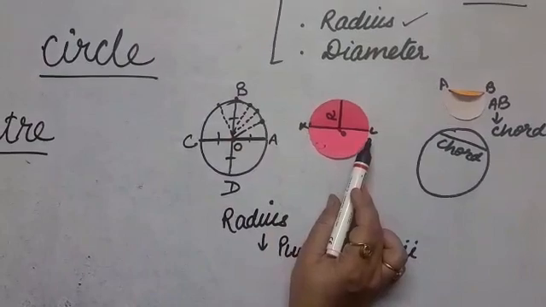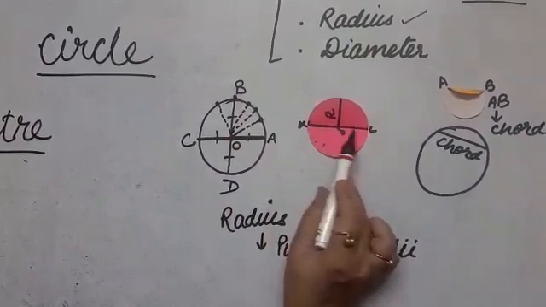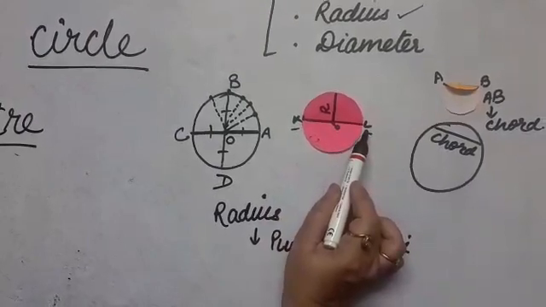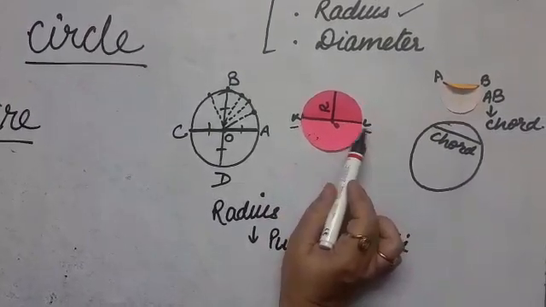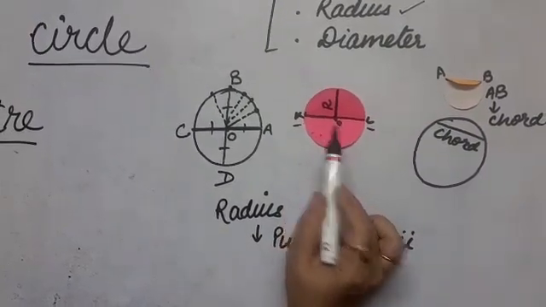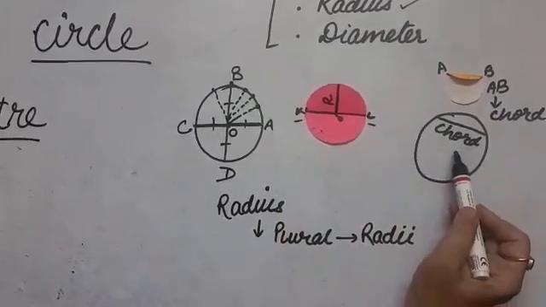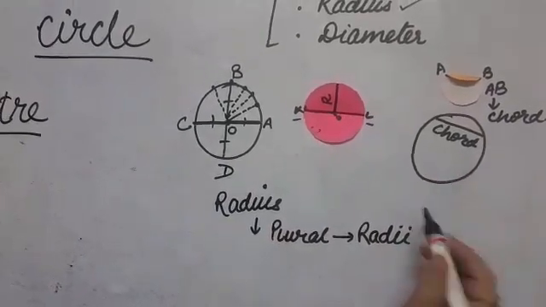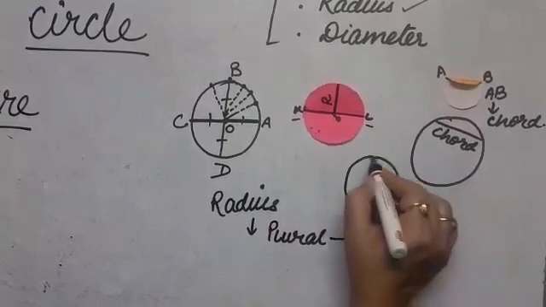What is diameter? Diameter is a line segment joining two endpoints on the boundary of the circle and passing through center of the circle. In chord, it is not necessary that it must pass through center of the circle. Suppose you have this kind of figure.